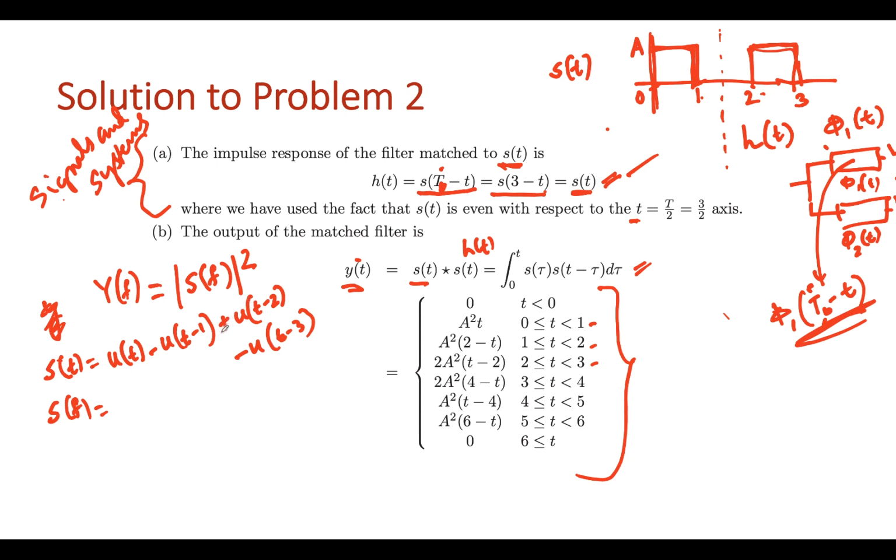And I'm not going through the details of this. So if you take the Fourier transform of this, you will basically get a sinc function. This is a square pulse, and the Fourier transform of a square is a sinc function, right?